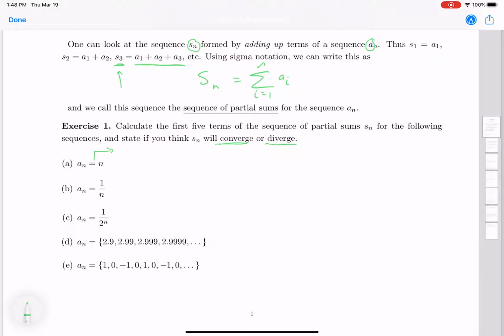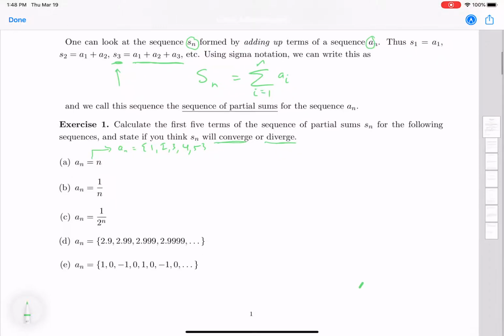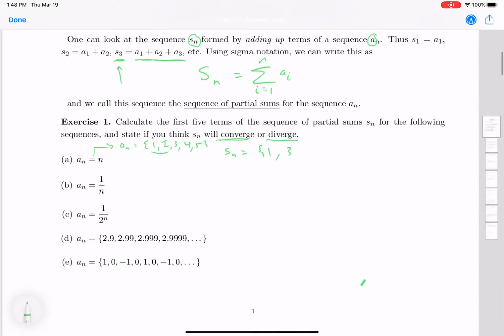Okay, so our A sub n here, if we look at just the first 5, it's going to be 1, 2, 3, 4, 5. So our series S sub n, our first entry is just going to be 1, but then we add 1 plus 2 to get 3, and then we add 1 plus 2 plus 3 to get 6.